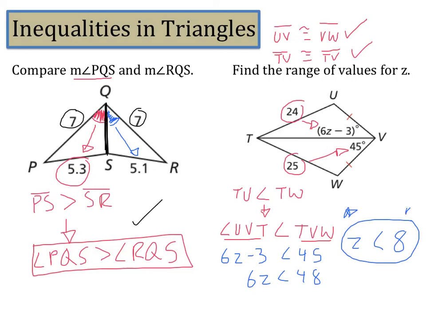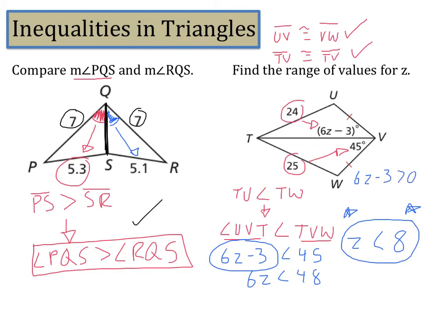So this is the first inequality, but we also have to think about the fact that this angle is in a triangle. So no matter what, 6z minus 3 also has to be greater than 0, because you can't have an angle measurement that's less than 0. So 6z minus 3 has to be greater than 0.